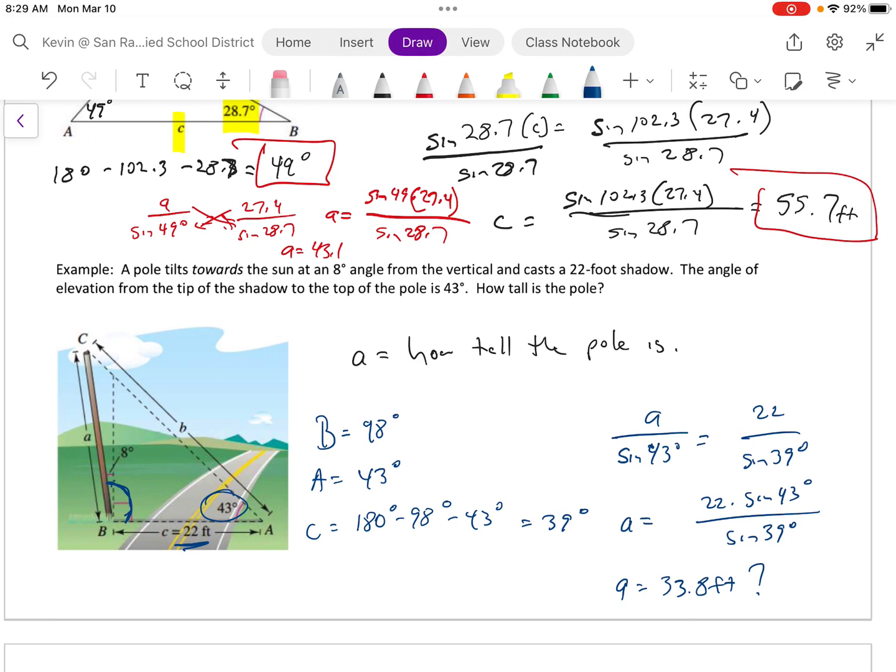I'm using my calculator, and I don't have a, oh, I didn't bring a calculator. I'm using my phone. Right now I'm using my phone. I'm getting a different answer. So, let's try this again. 22 times sine 43.